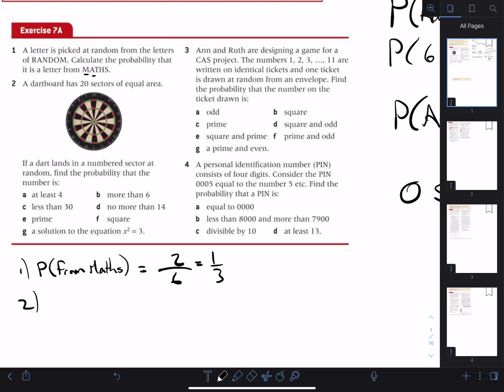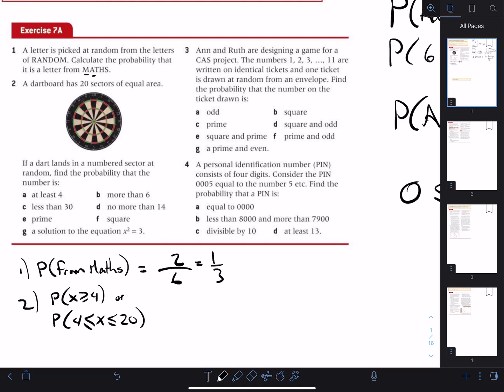Question 2: a dartboard has 20 sectors of equal area. If a dart lands on the number sectors at random, find the probability that the number is at least 4. Well, there's up to 20. You could just write something like at least 4, or technically it's between 4 and 20, right?